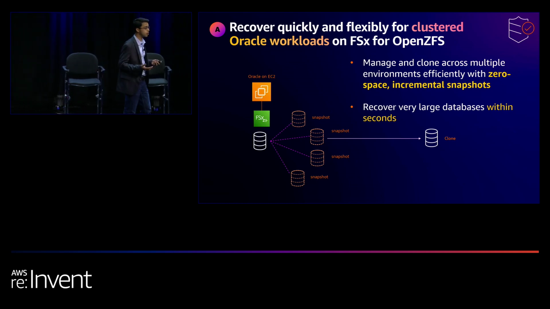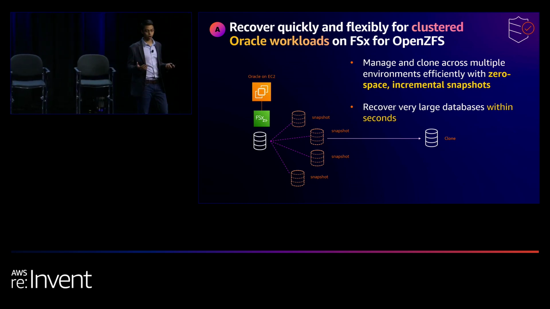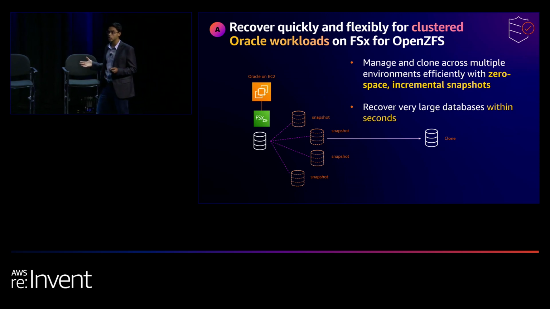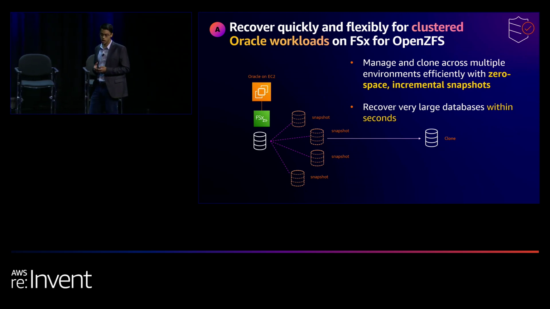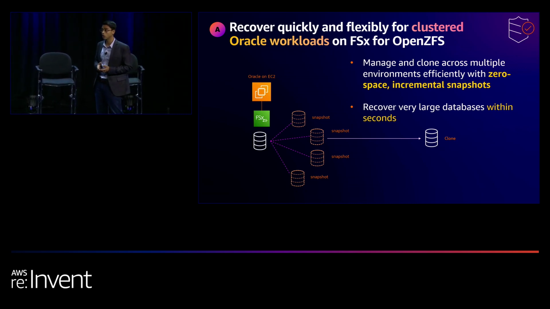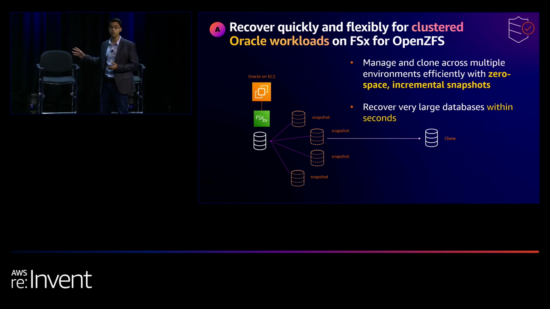I'm also going to talk about clustered Oracle workloads. So these are Oracle deployments such as Oracle Data Guard or Oracle RAC. And for these types of applications, again, we're going to use the example of one of the FSx file system types, in this case, FSx for OpenZFS.